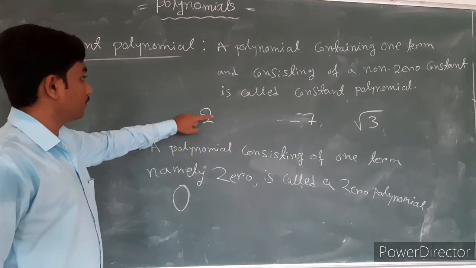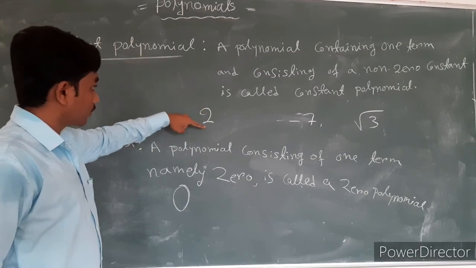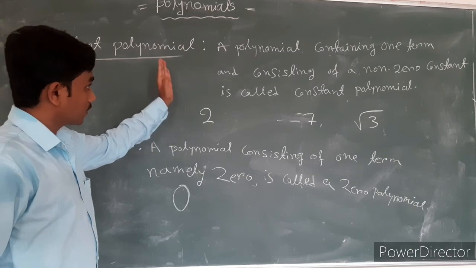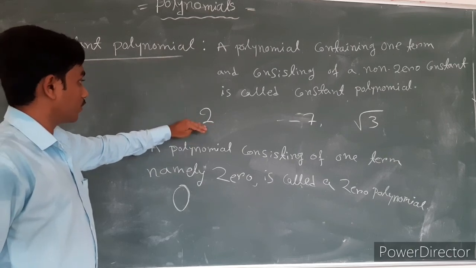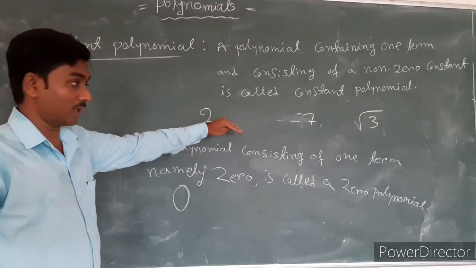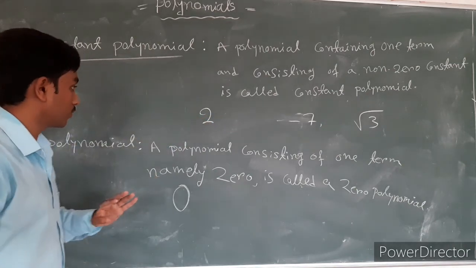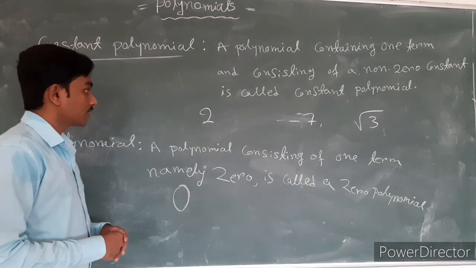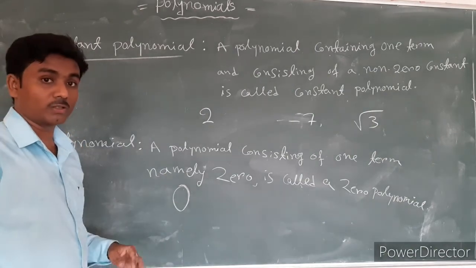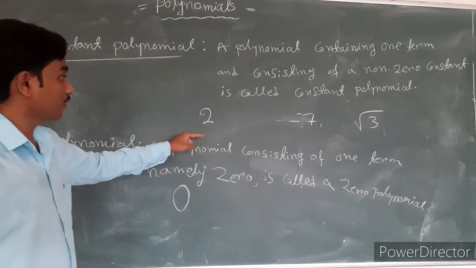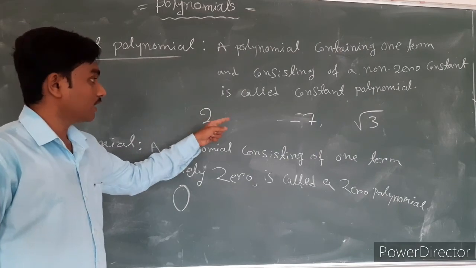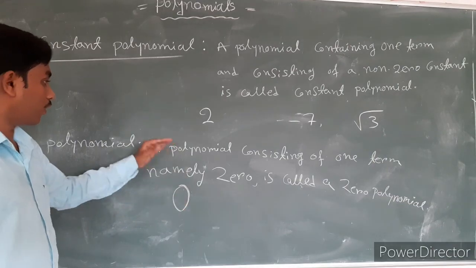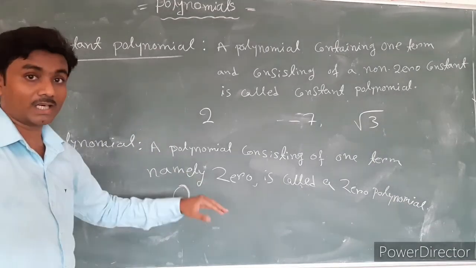But in a constant polynomial, the constant term is any real number excluding 0. So every number is a constant polynomial and the degree of a constant polynomial is always 0. But the degree of the zero polynomial does not exist.